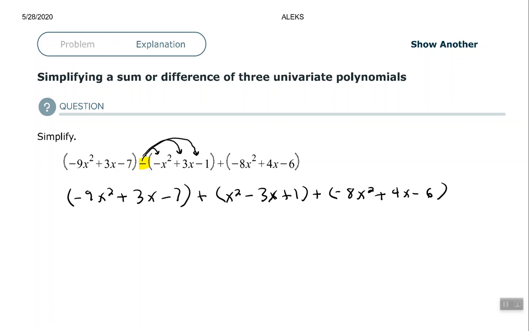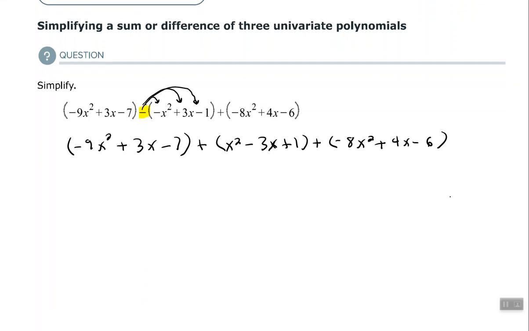Now your job is to combine the like terms. And again, that's up to you whether you want to write those vertically, and I'll do this one vertically, and then the next problem we'll just leave it horizontal. So let's see, like terms, we have negative 9x squared, we have a positive 1x squared, and we have a negative 8x squared.